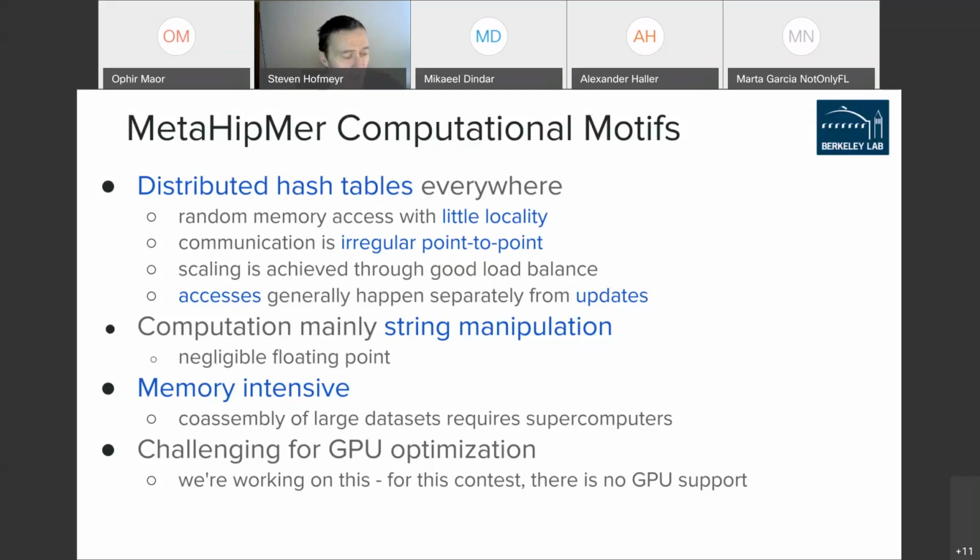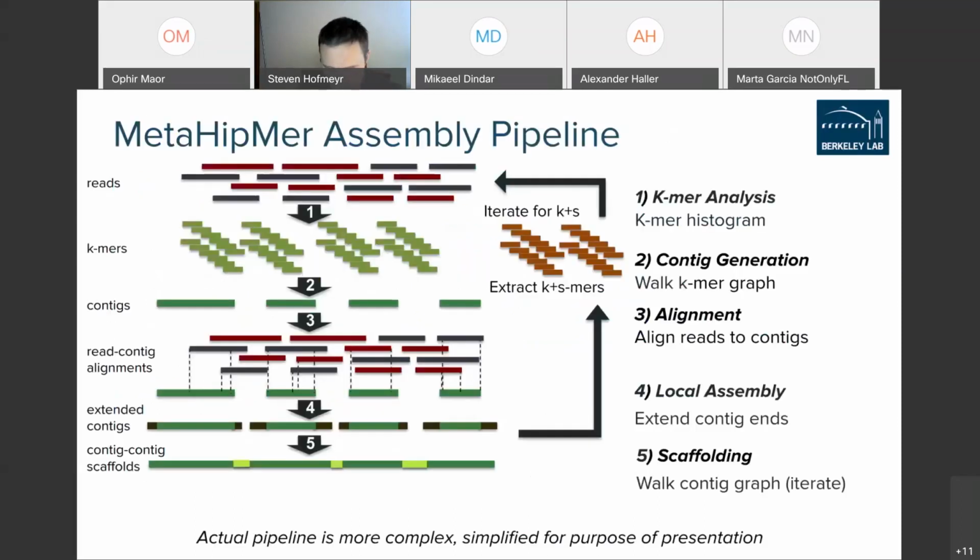So the MetaHipMer application is basically an assembly pipeline, and it's a fairly complicated pipeline, as I'm indicating in this figure here. You start off the pipeline with a bunch of reads, and I said that these are strings of DNA that basically came out of the sequencer, and they are 150 to 250 base pairs in length typically.